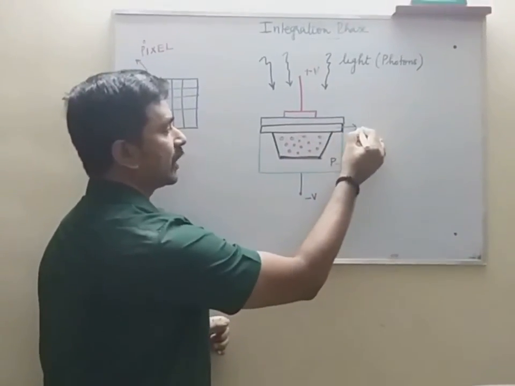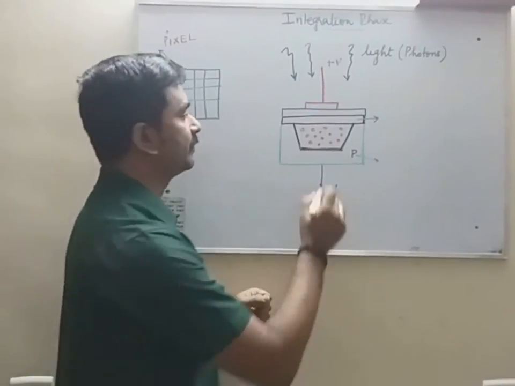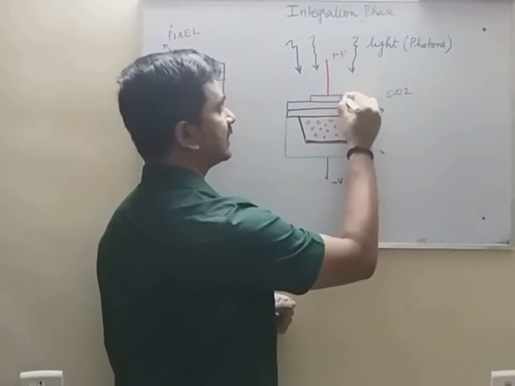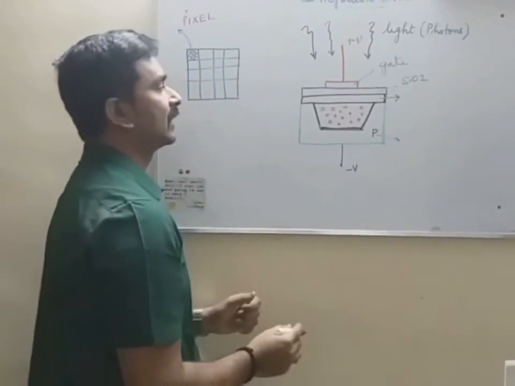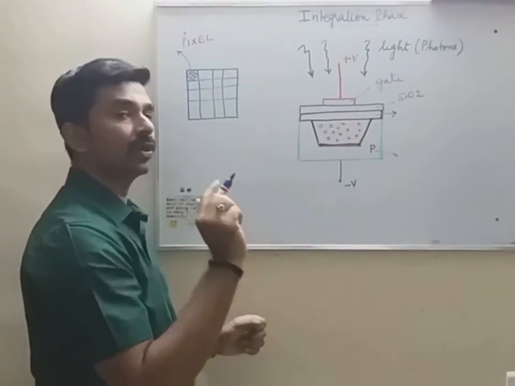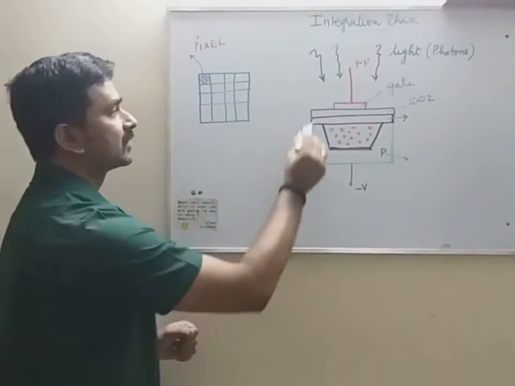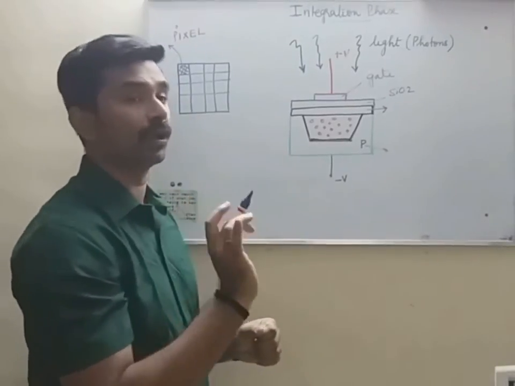This is your photosensitive element, an array of light sensitive elements. This is your silicon dioxide layer, and this is your polysilicon gate, and you are going to give a reverse bias to this gate. So we will try to understand what really happens when light falls on it.